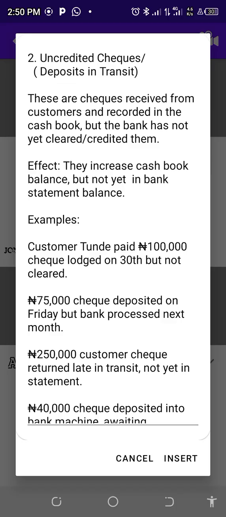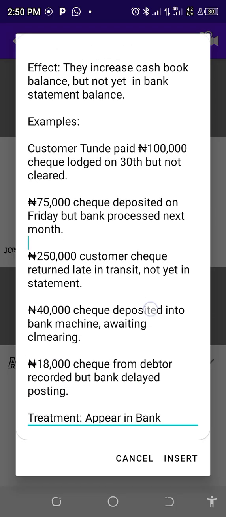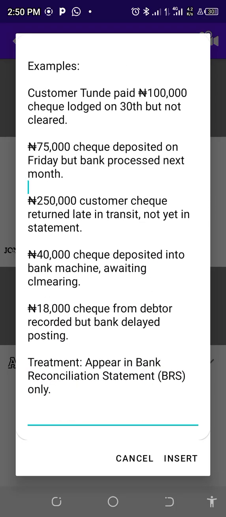Now, there are also other examples here, but the major thing is how do you treat uncredited checks? Uncredited checks are treated under the reconciliation segment. Uncredited checks have nothing to do with the adjustment of the cash book.